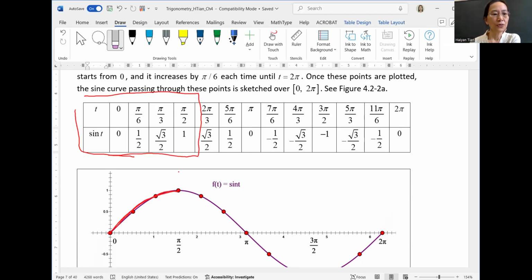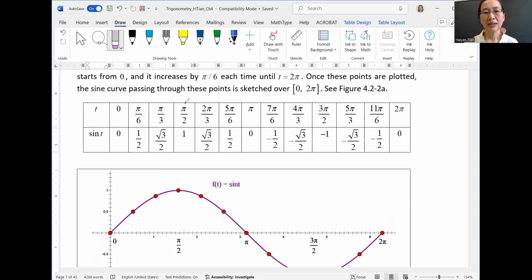And then if we continue to look at the behavior of sine, we continue to increase by pi over 6, right? So you can create more points. Just from pi over 2, you increase pi over 6, you add another pi over 6, and you get another pi over 6. So that is the list of points.